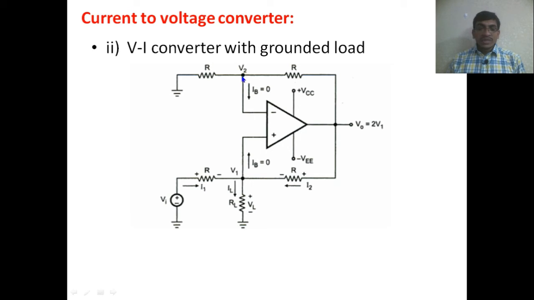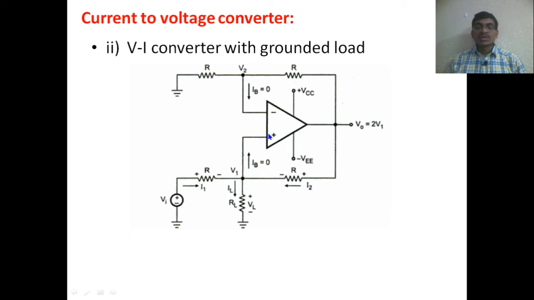This is the node V2 and this is the node V1, and the input voltage VI is given through the resistor R, and the output voltage is given to this node through the resistance R only. I2 is the current flowing in this resistor, and I1 is the current flowing in this resistor R, and IL is the current flowing in the load resistor, and VL is the load voltage.